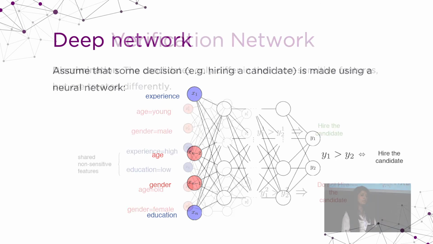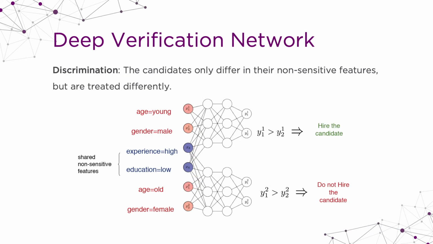What I'm doing is creating a deep verification network. What is the verification network? I want to compare two individuals, and I'm using a causal discrimination formulation. If you don't remember it, causal discrimination says that if all the non-sensitive attributes are the same and only the sensitive attributes are different, the outcome should be the same.